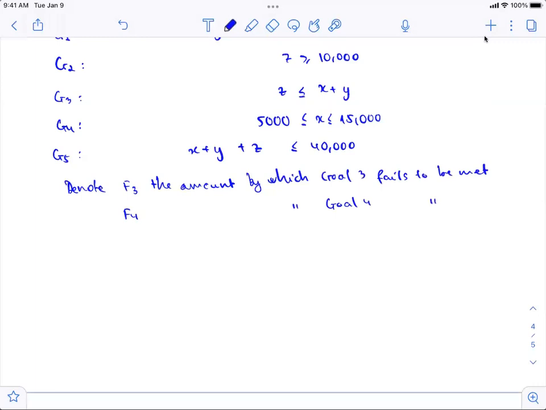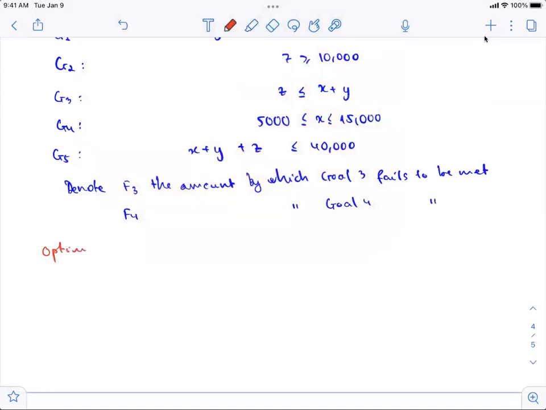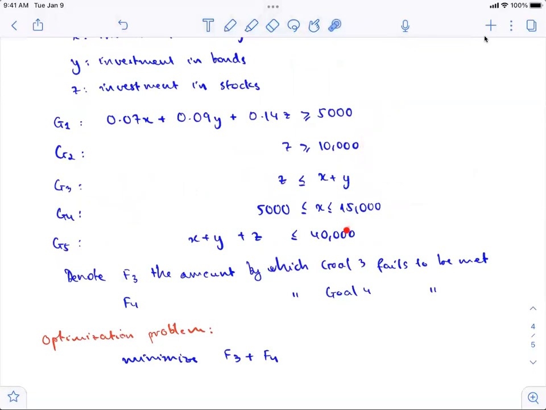All right, so the optimization problem is going to be, we want to minimize the amount by which goal 3 and goal 4 failed to be met, right? And subject to these 5 conditions given to us by the investor.